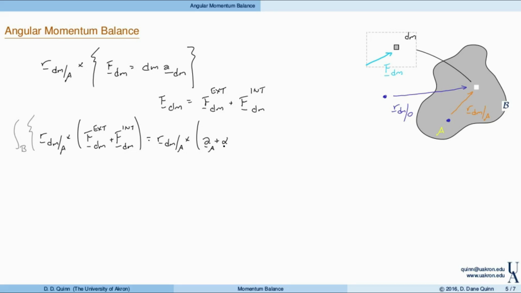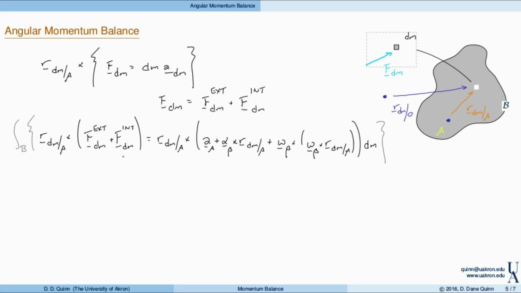It's not necessarily the mass center, but instead it's any point on the object. So alpha cross r and omega cross omega cross r. Again, integrated over the body.